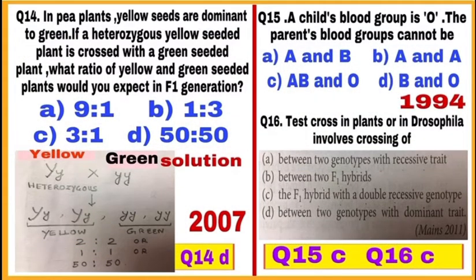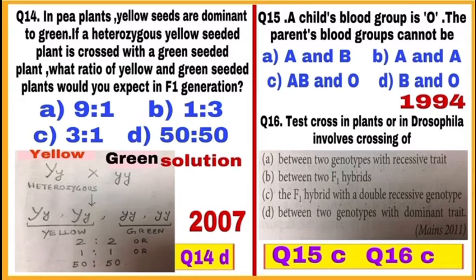Question 14. In pea plants, yellow seeds are dominant to green. If a heterozygous yellow seeded plant is crossed with a green seeded plant, what ratio of yellow and green seeded plants would you expect in the F1 generation? See the solution.